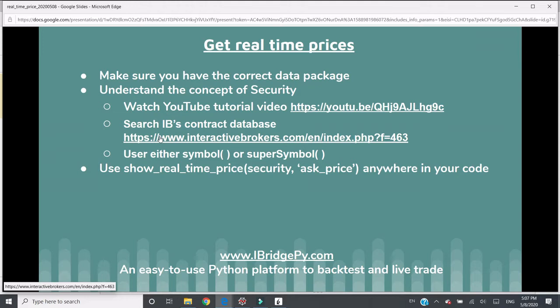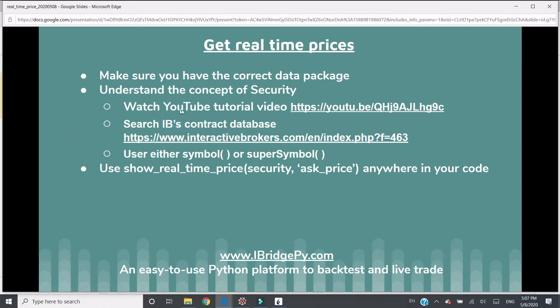Then the next thing is the concept of security. iBridgePy can trade any contracts at Interactive Brokers using the concept of security. Each security represents one contract in the IB security system.